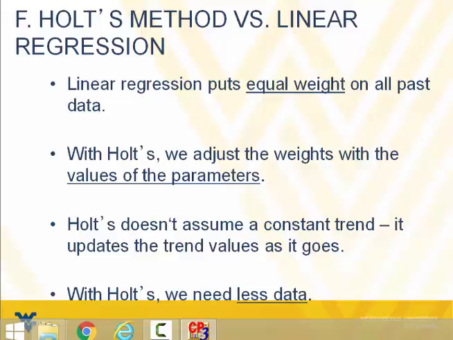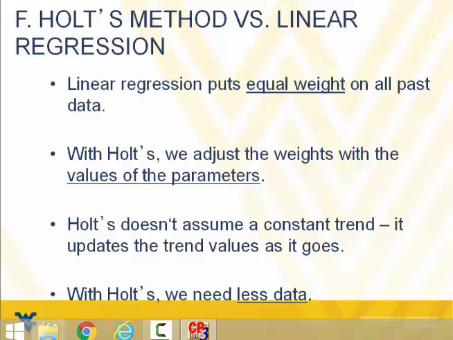For Holt's method, just like simple exponential smoothing, that weight changes depending upon how the trend develops over time. So you're seeing the weight evolve according to the nature of the time series. And the way we can adjust how much that weight changes is by changing the parameters.